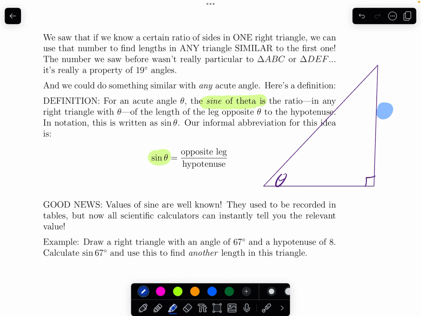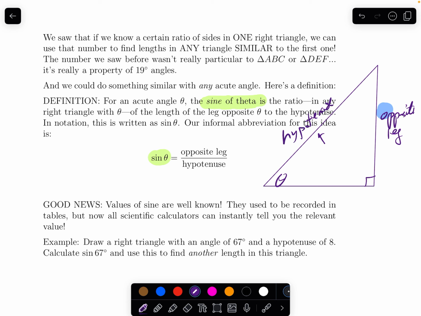I'm not going to say, oh, the big leg or the small leg or the top side or the bottom side or the left side or the right side. Instead, I'm going to think, how is it related to this angle? We'll look at the leg all the way across from the specific angle theta. That we would call the opposite leg. So this is our opposite leg. This side here is our hypotenuse.